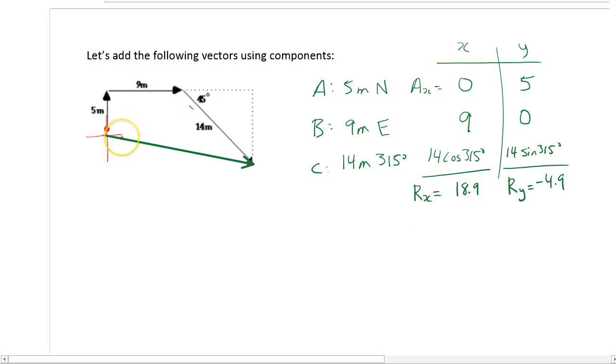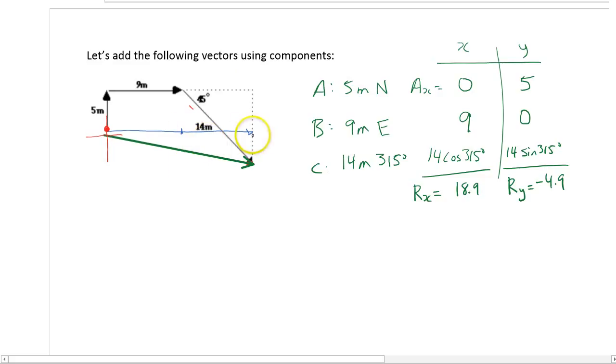Okay, so the x amount will be 18.9. So here is the x amount. That is 18.9. It's 9, there's the 9 part, plus whatever the x component of that was, right?